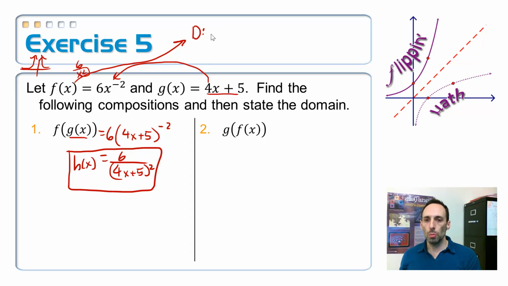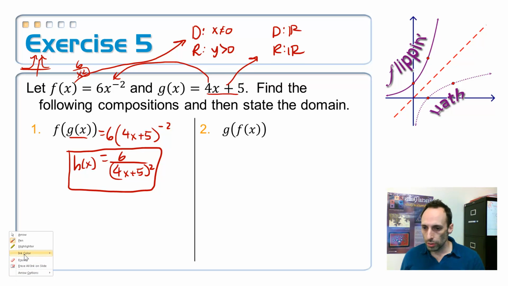So anyway, its domain is everything except 0. And its range is everything bigger than 0. So y is greater than 0 because it has a horizontal asymptote at 0. Okay, and now for g of x's function, its domain is all real numbers because it's linear, and its range is all real numbers.